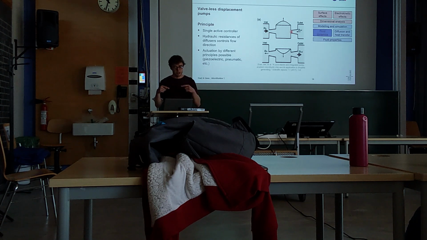But the importance is that the inflow is stronger from one side and the outflow is stronger to the other side. And by repetitively moving the membrane up and down, you will also be able to transport liquid in one distinguished direction.